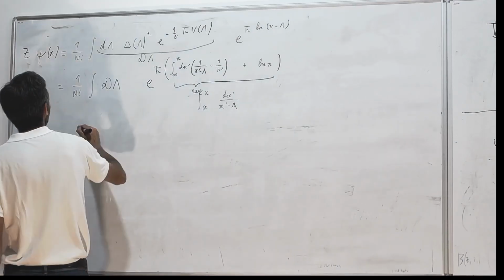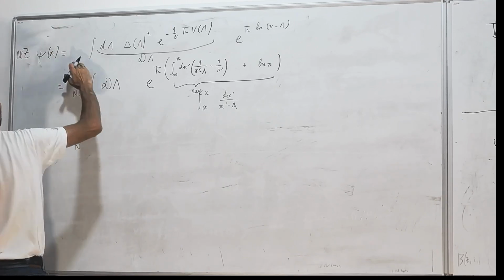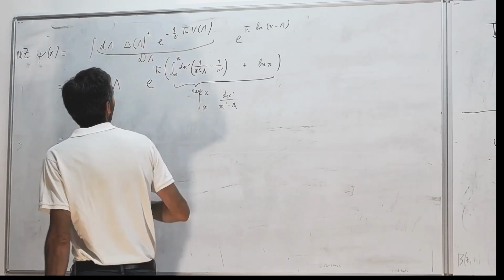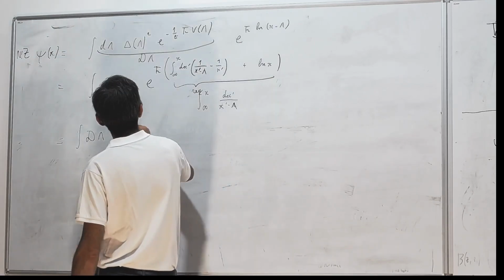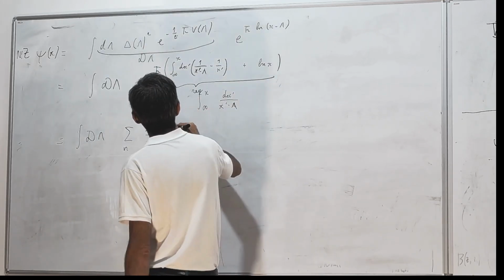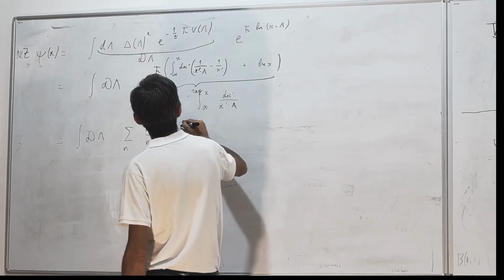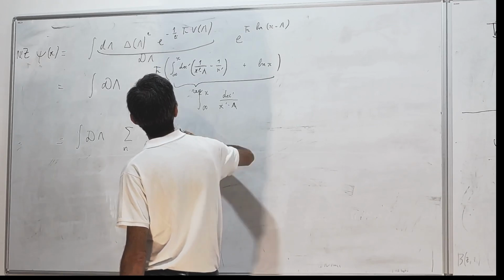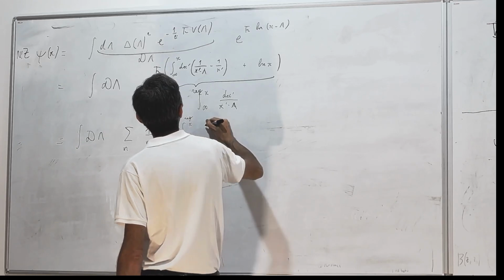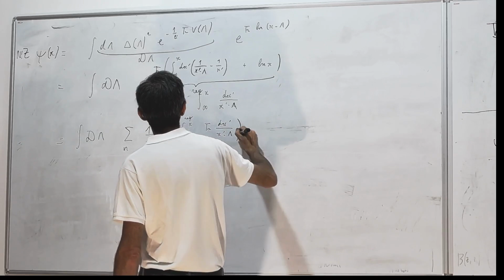Okay, let's continue. Well, let me put the n factorial on the left. Integral d lambda. And let's expand the exponential, sum over n, 1 over n factorial, trace of the integral from infinity to x reg, trace of dx prime over x prime minus lambda to the n.